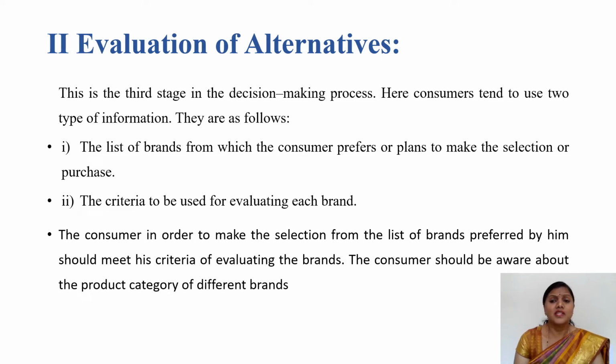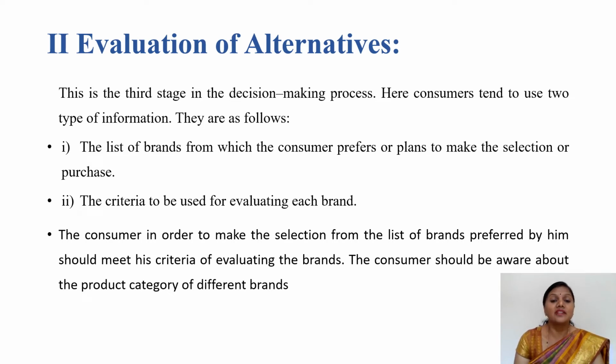Here consumers tend to use two types of information. They are as follows. The list of brands from which the consumer prefers or plans to make the decision or purchases. The second point is the criteria to be used for evaluating each brand.